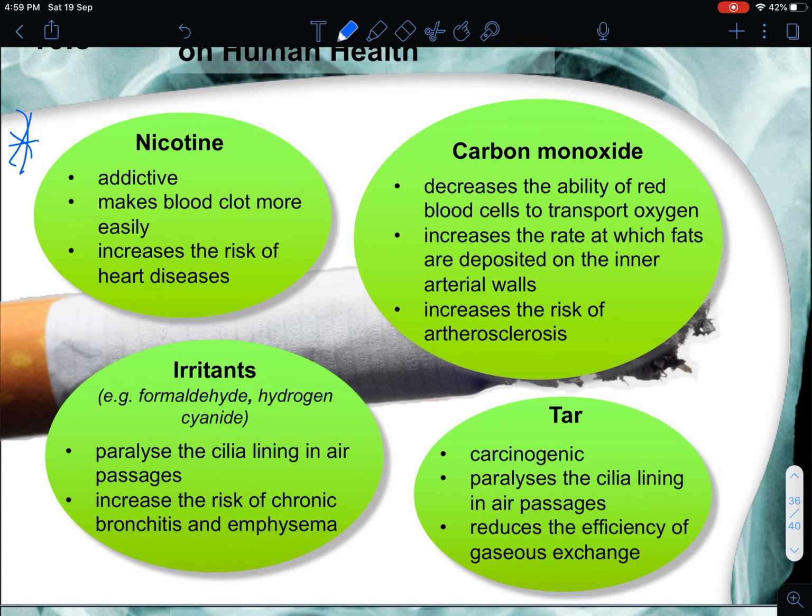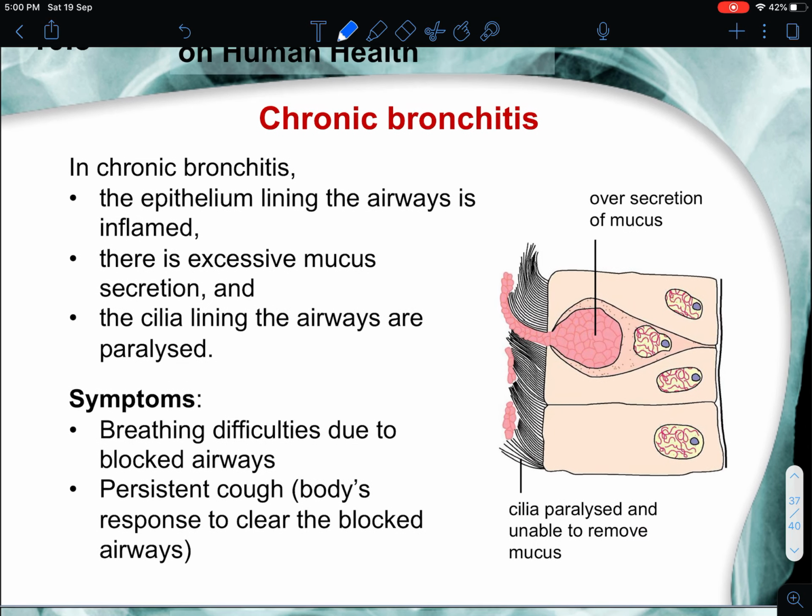It will paralyze the ciliary lining in the air passage, resulting in more phlegm and mucus generated by the glands in your trachea region, and it will eventually be clogged up. Due to the paralysis of the ciliary lining, all these particles will not be able to be removed out of your mouth and will be stuck there. So this will then also reduce the efficiency of gaseous exchange within your alveoli.